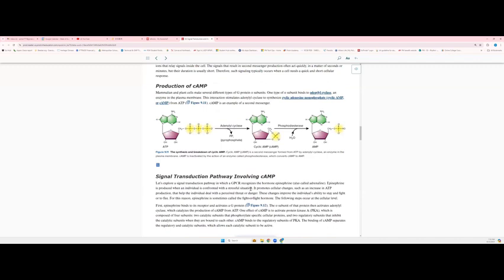So we take the example of when the hormone epinephrine interacts with GPCR. Epinephrine is a molecule which is generated under stressful situations. It promotes cellular changes, such as an increase in ATP production, and helps the individual deal with the threat.